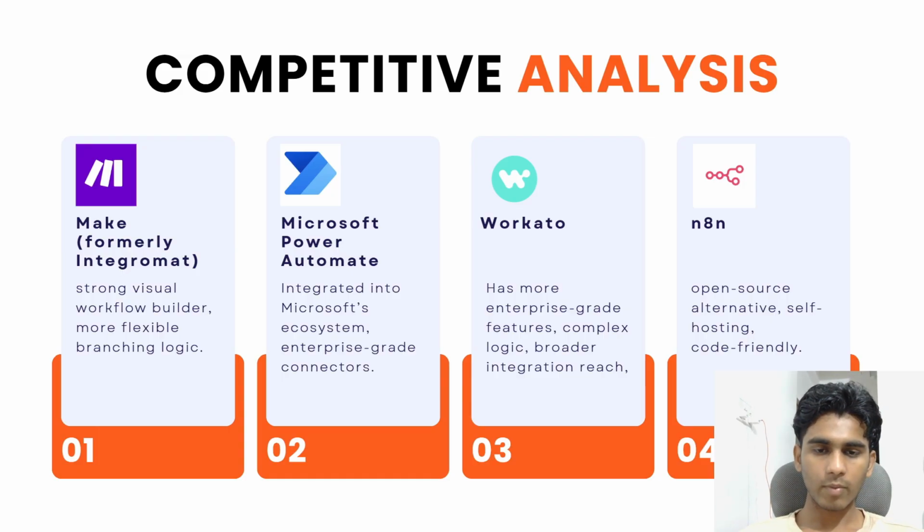This platform is mostly used for professional use because it has the whole Microsoft ecosystem connected with it. Then we have Workato. It has more enterprise-grade features, complex logic, and broader integration reach. Then we have n8n. It is basically an open source alternative, a self-hosting, code-friendly automation tool.